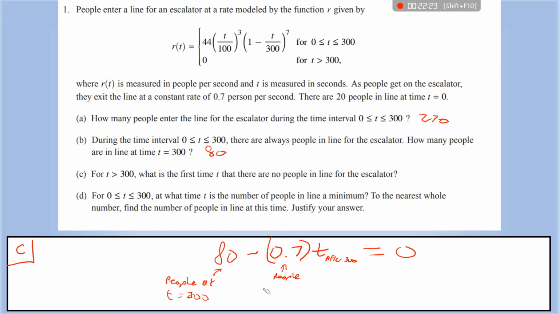Yeah. Okay, cool. So then we can solve for t. This will be 80 equals 0.7t. So that's 7 over 10, so this will be 800 over 7 will be t. Now this is again the time after 300, since I started at 300 with my 80. So I will need to add 300 to this to get the actual time.